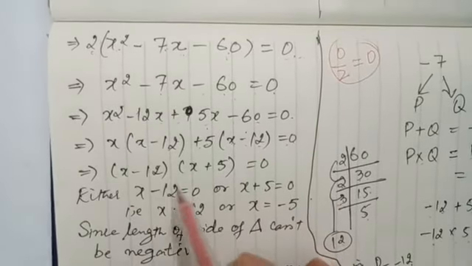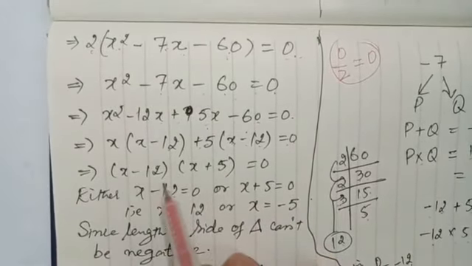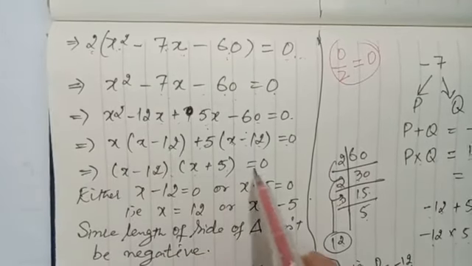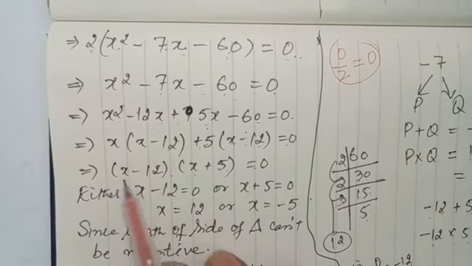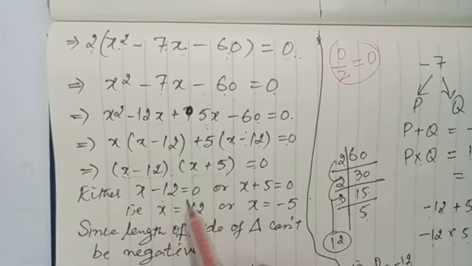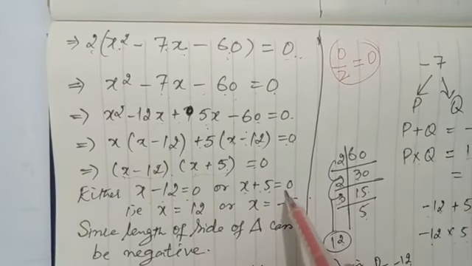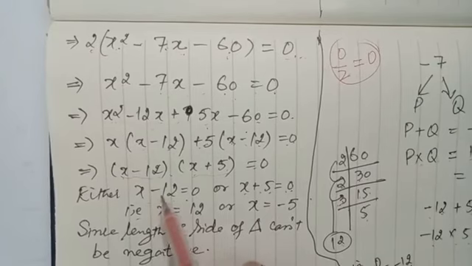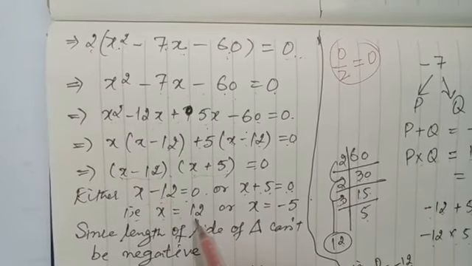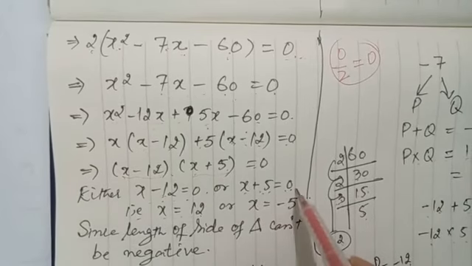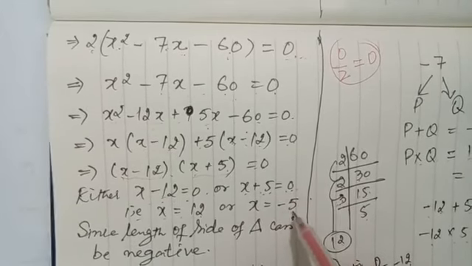The expression x minus 12 is common, so I take it out, and x plus 5 remains, equal to 0. Then either x minus 12 is equal to 0 or x plus 5 equals 0. That is x is equal to 12, because on transposing minus 12 to the right hand side I get 12. On transposing plus 5 to the right hand side I get minus 5.